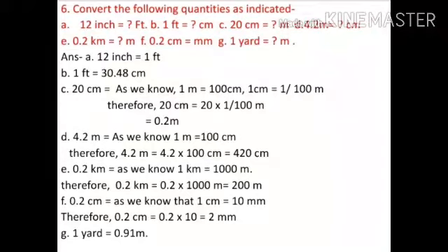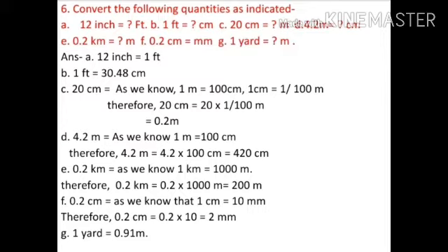Now, question number 6, convert the following quantities as indicated. So, the answer as per the questions given: number A, 12 inch equals 1 feet. Number B, 1 feet equals 30.48 centimeter. Number C, 20 centimeter equals 0.2 meter, and the calculation is given.